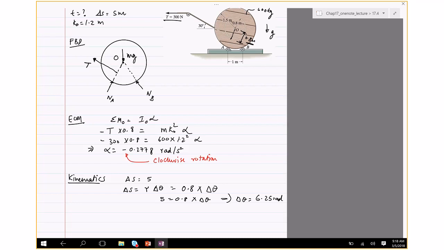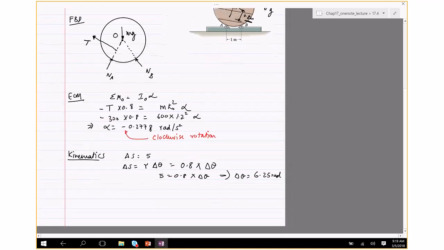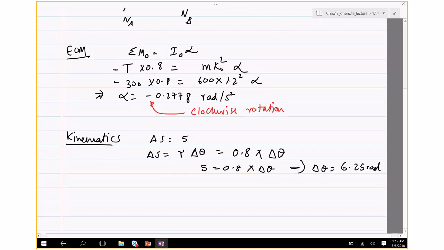Okay, now I'll try to relate. So since I'm interested in finding the time it takes to unwound that much cable, I'll try to relate delta theta with alpha through time. Now the good news is that alpha is a constant. If alpha is a constant, then you can use the formulas which we derived long time back. The constant acceleration formula. So there are three, right?